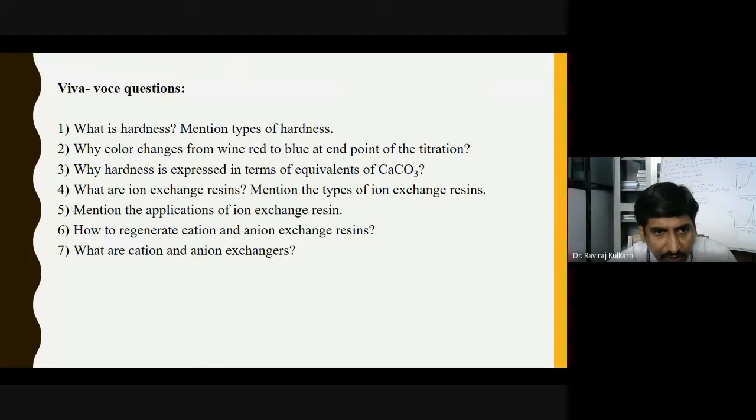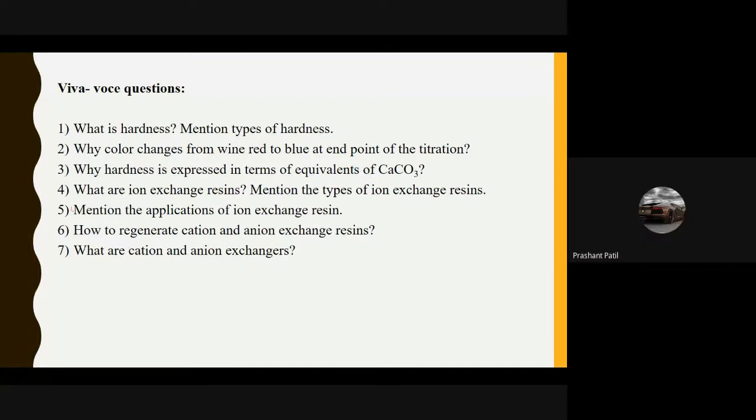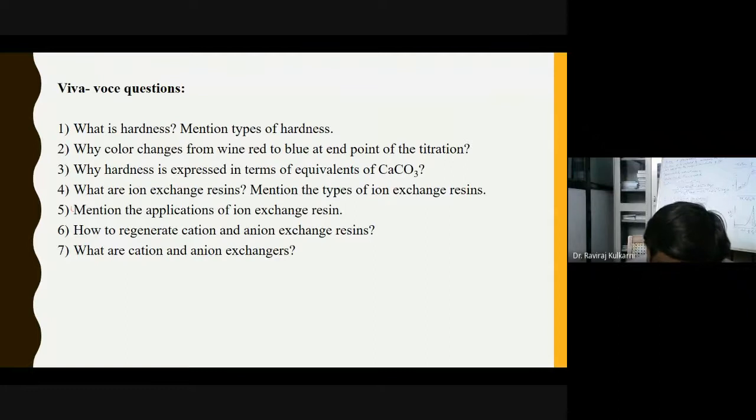How to regenerate cation and anion exchange resins? How to regenerate cation exchange resin?